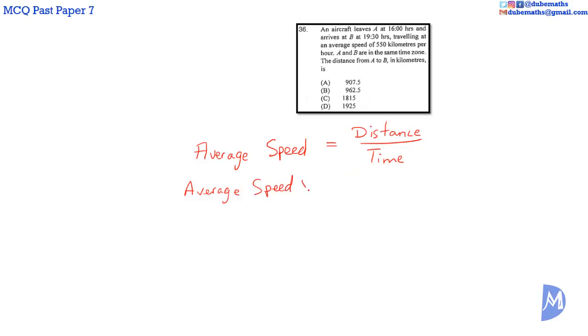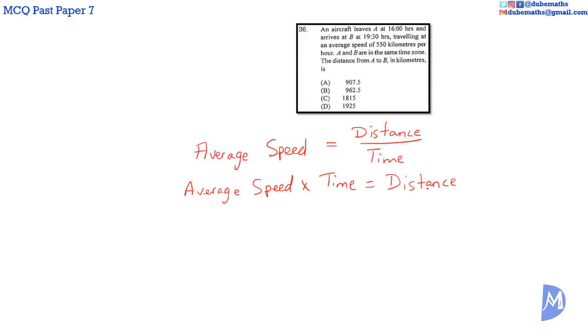Question 36. Average speed is equal to distance over time. Therefore, distance is equal to, multiplying by time on both sides, distance over time multiplied by time, times would cancel to remain with distance.